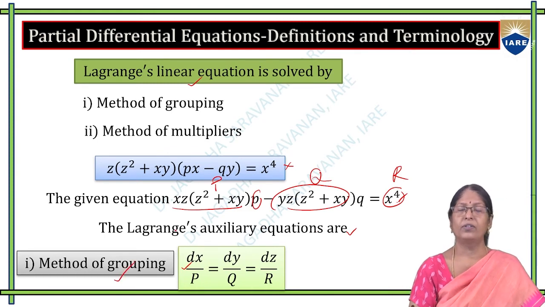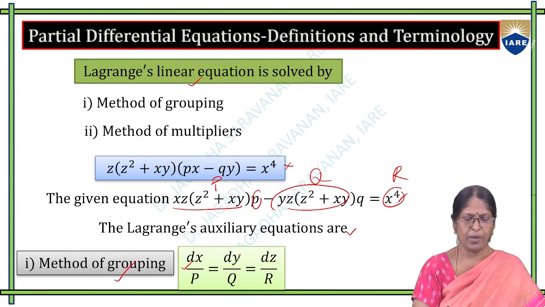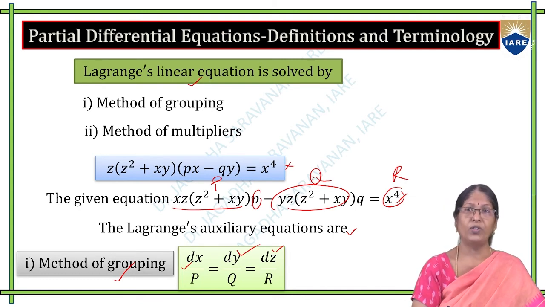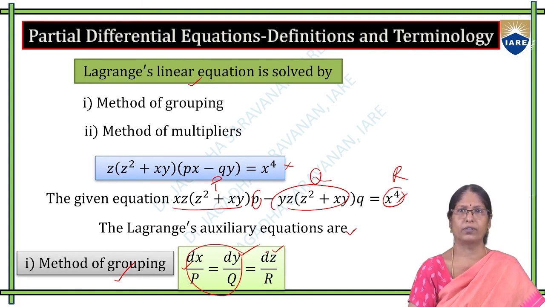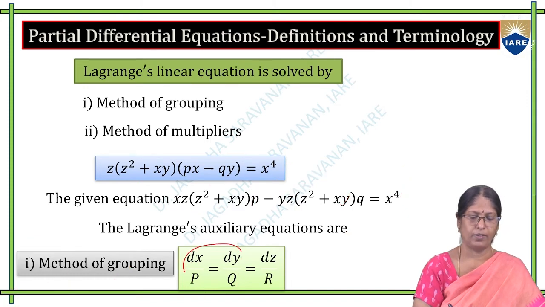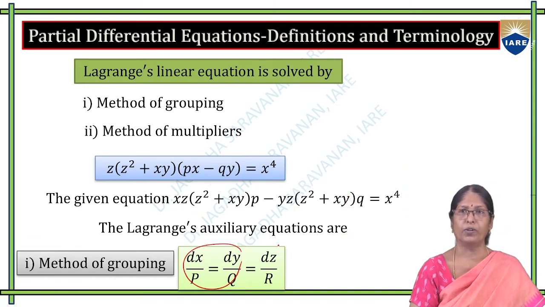We notice that three members are there. Among the three members, we can select any two. The question is on what basis, the one which is easy to interpret. If we take the first and second members, we get one solution, u of x, y equal to some constant.